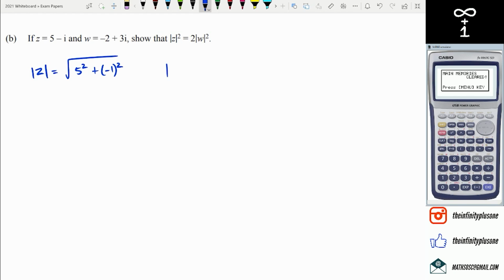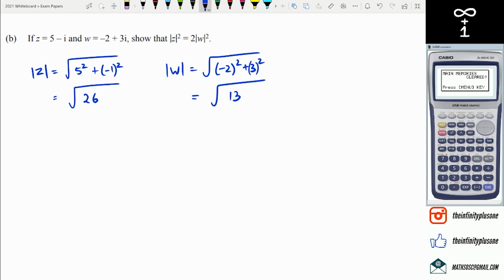And then modulus of w is going to be the square root of negative 2 squared plus 3 squared. So in this case, we've got the square root of 25 plus 1, which is 26. And then on this side, we've got the square root of 4 plus 9, which is 13.